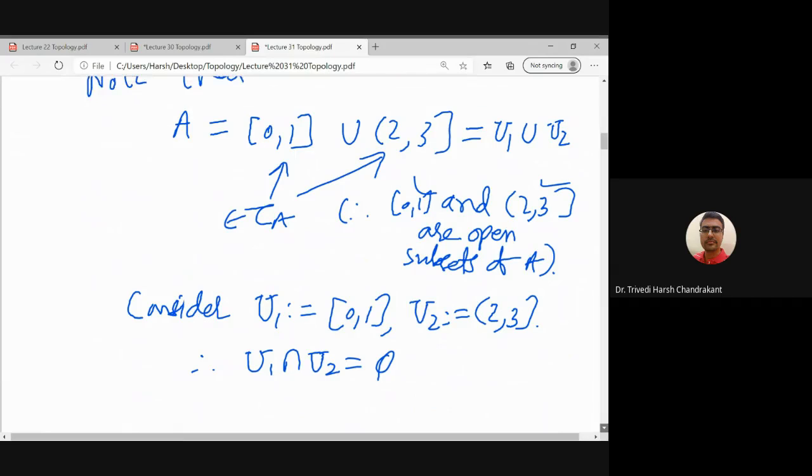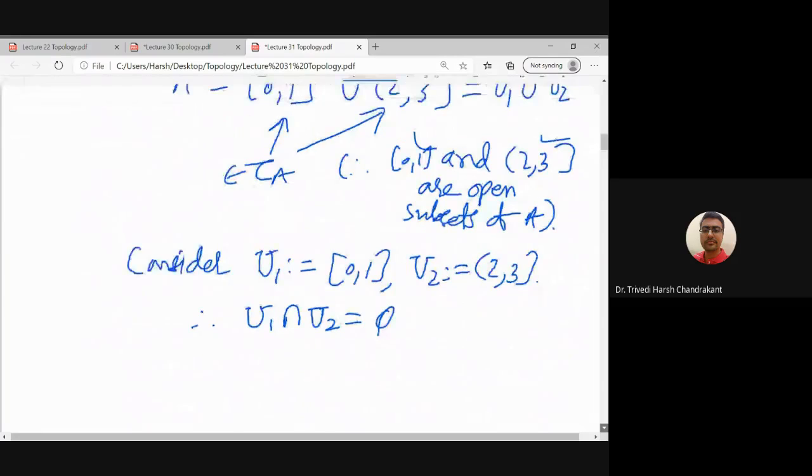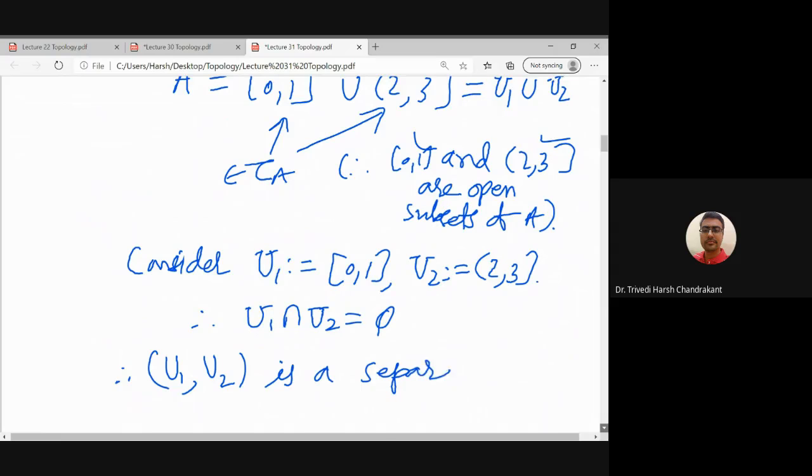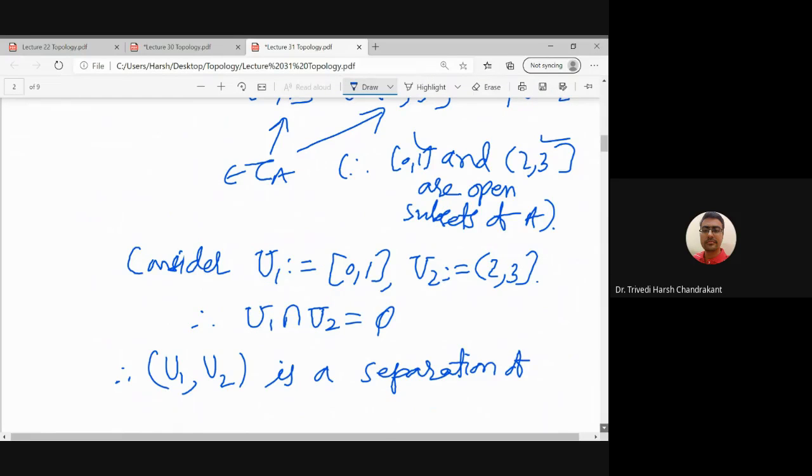So these sets u1 and u2 satisfy all the properties of a separation: they are open sets, their union is the given topological space A, and their intersection is the null set. Therefore u1, u2 is a separation of the topological space A.